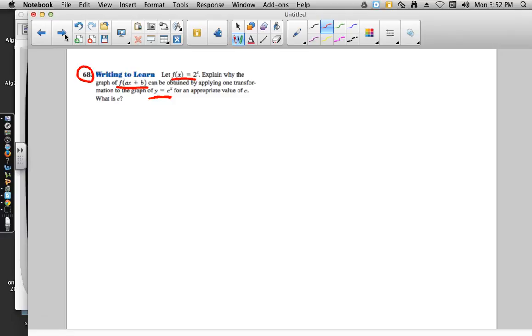So they're saying if we take 2 to the ax plus b, how could we relate all of this to the a, b, and c business that they have up here? Well, first, if it's just supposed to be 2 to the x, I really want to know how is that base all split up. And I remember that this must have come from 2 to the ax times 2 to the b, because there's addition taking place there.